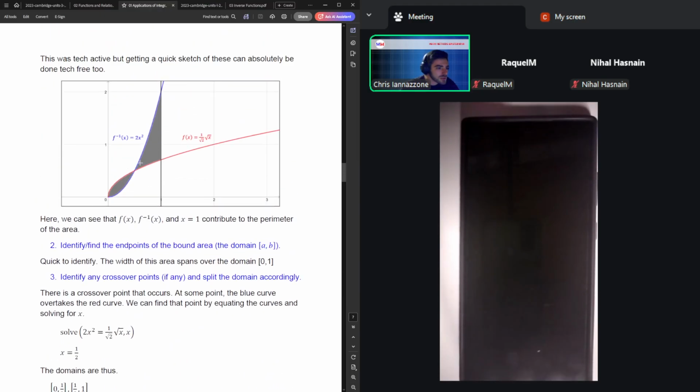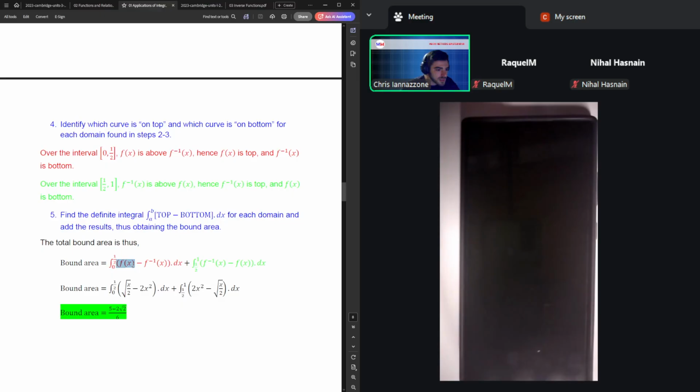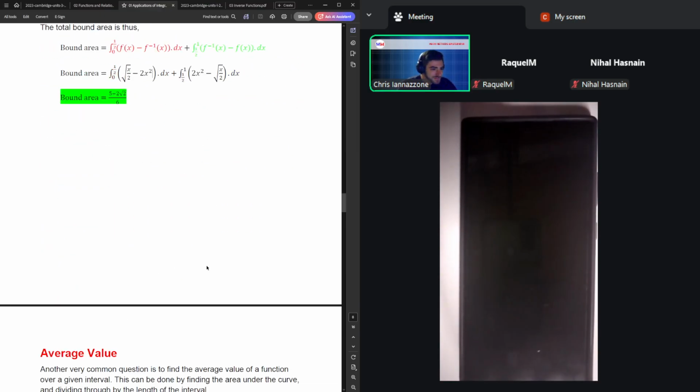Let's reword that: F is above F inverse for that 0 to a half. Then we do a separate definite integral, half to 1, where the opposite is true. Both of these you plug in your CAS, or, God forbid, if you have to do it tech-free.